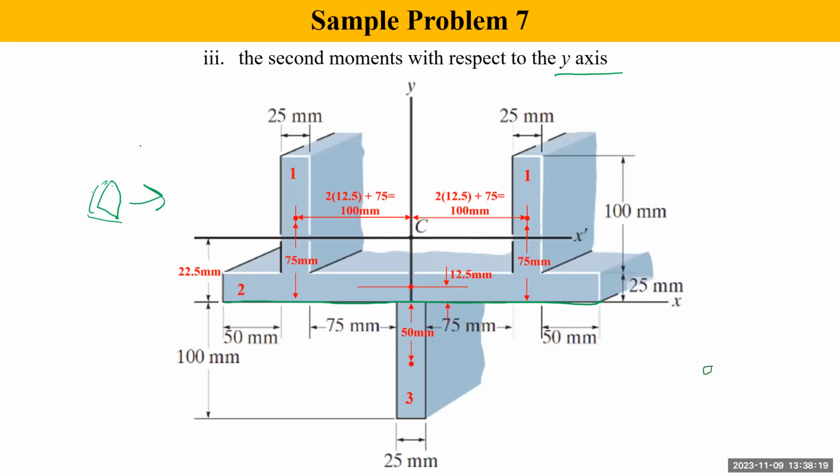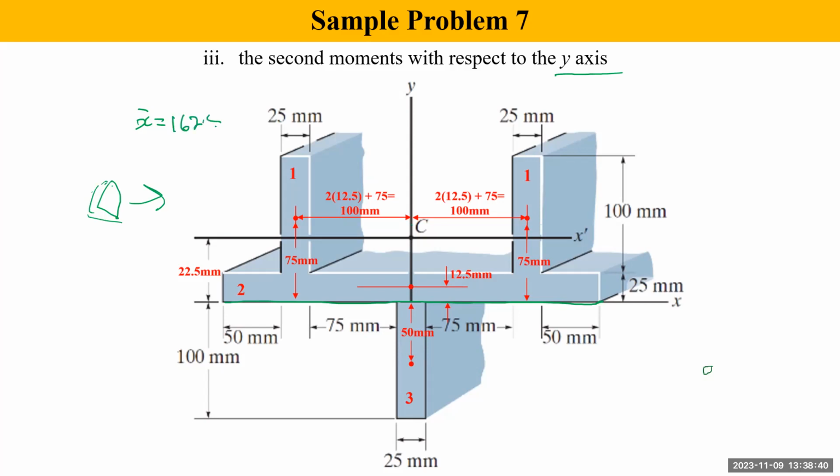So we want x bar. What is x bar? 162.5. Pardon me? 162.5. Yeah, same thing, it is the half.